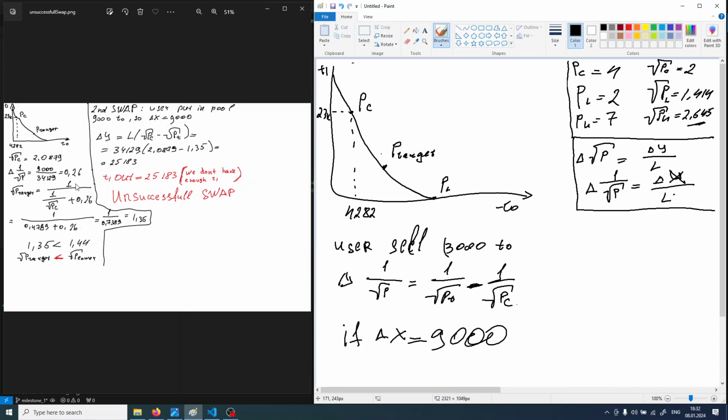But in our pool we know the reserves of token 1, and we can see that we have only 23,000 of token 1, so we can't give the user 25, we only have 23.